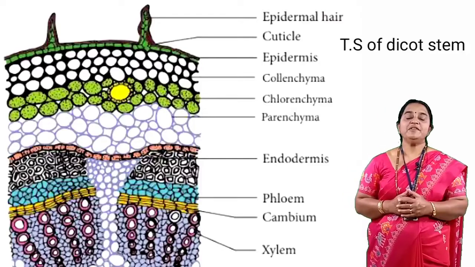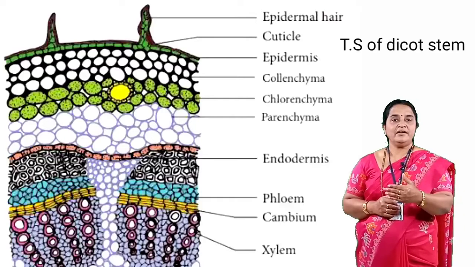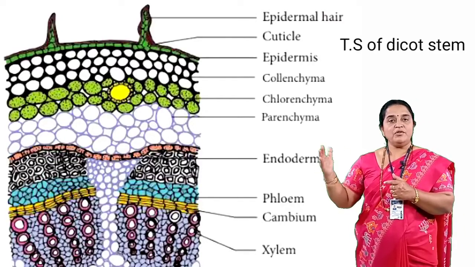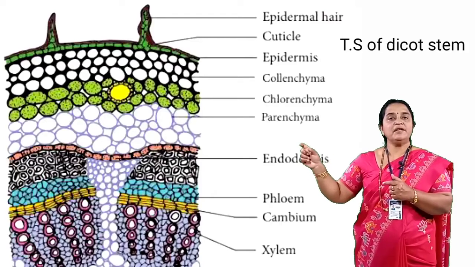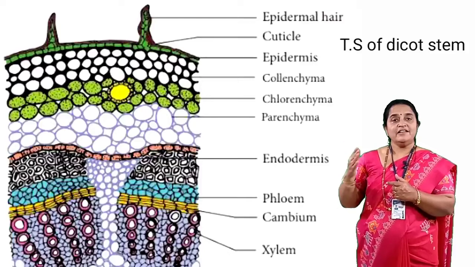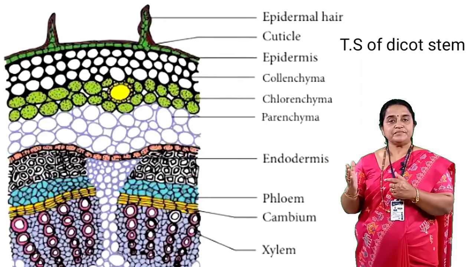Hence, endodermis in dicot stem we call starch sheath or endodermal layer. Now, whatever we studied now, epidermis outermost representing epidermal tissue system for protection. Hypodermis, cortex, endodermis, this region is known as extrastelar region. It is outside the stele.